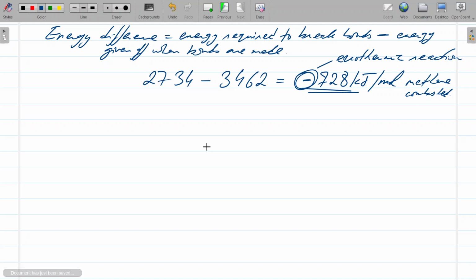If the energy given off when bonds are made is higher than the energy required to break the bonds, the difference will be negative, and that tells me it's an exothermic reaction.